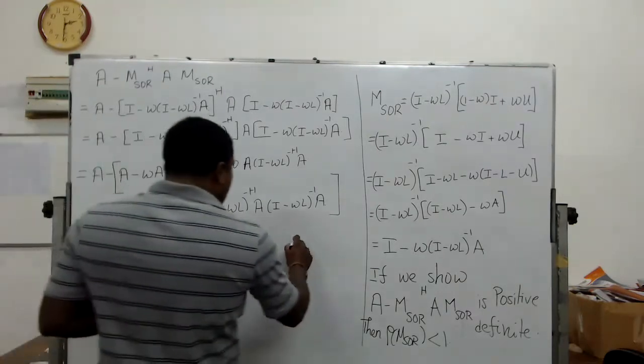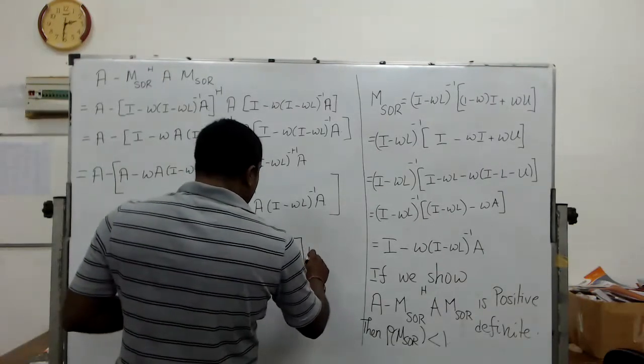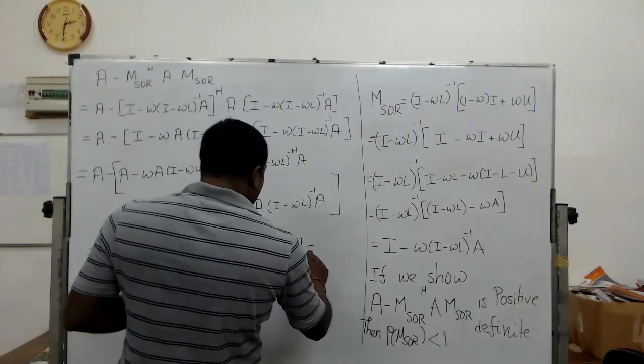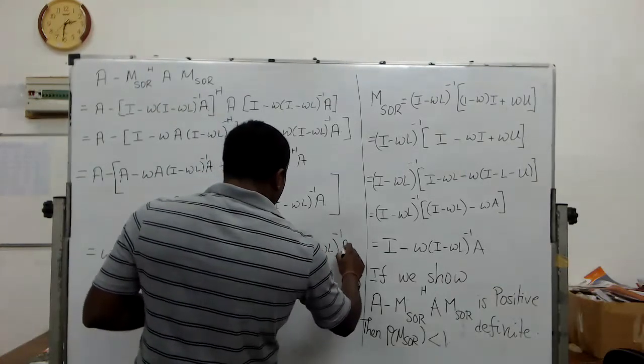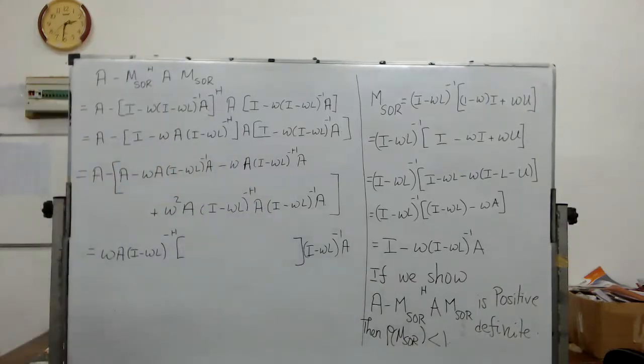And then on the back you write (I minus omega L) inverse A. And so you pull out (I minus omega L) inverse A times (I minus omega L) inverse Hermitian from the front, and you take out (I minus omega L) inverse A from the back.